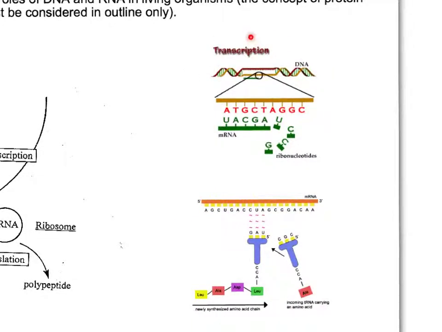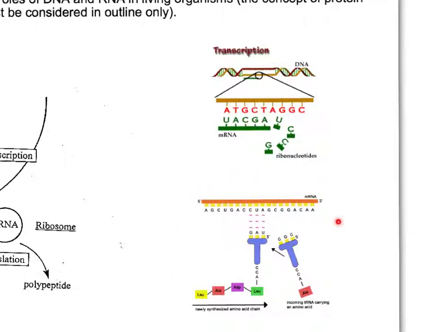Transcription is happening in the nucleus, where messenger RNA is constructed nucleotide by nucleotide by complementary base pairing between RNA nucleotides and DNA nucleotides, with U pairing with A, A with T, C with G, G with C, and so on.